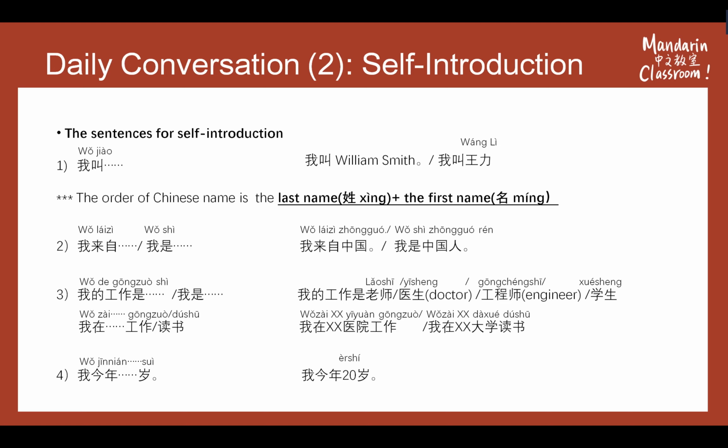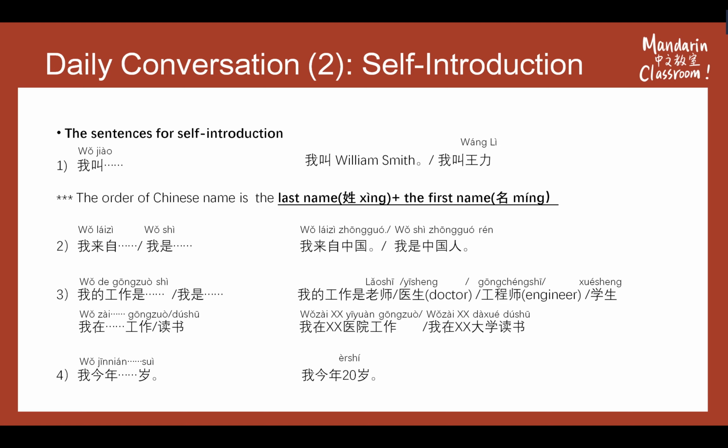What does 读书 mean? If you look the word up in the dictionary, the translation is read a book, but in daily conversation we usually use this word to mean study at. It's a very oral word, so you could use it to do the self-introduction.